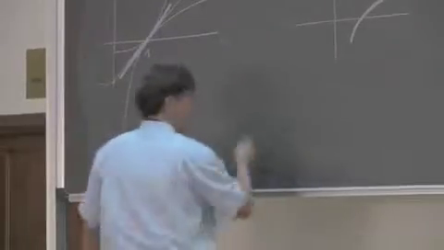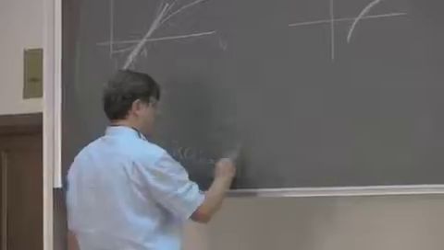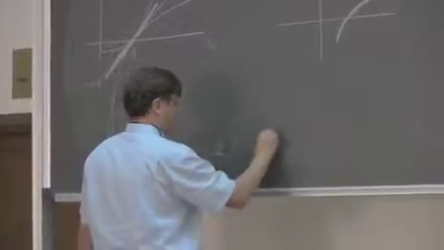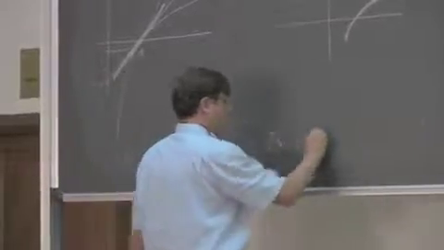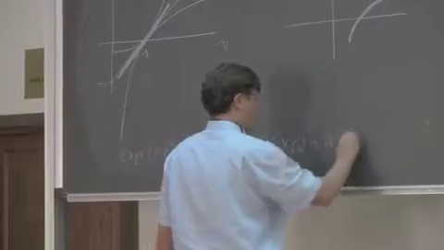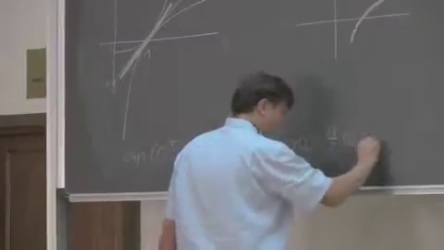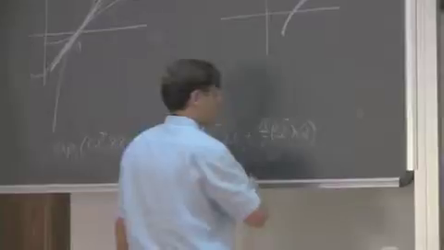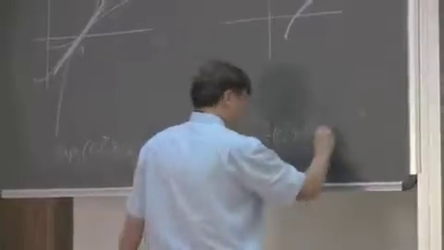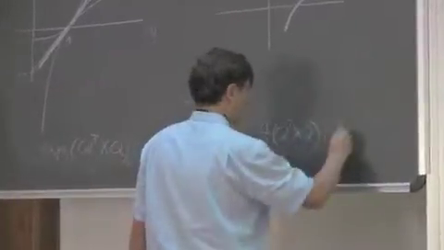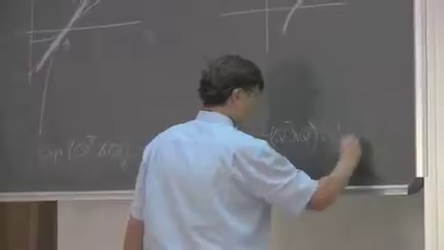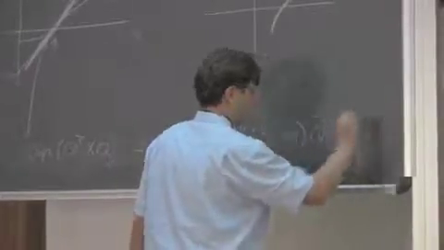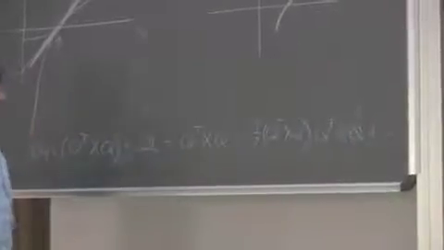Namely, you take 1 plus Q transposed X Q plus 1/2 (Q transposed X Q) squared, times Q transposed X Q, and so on. So what happens?